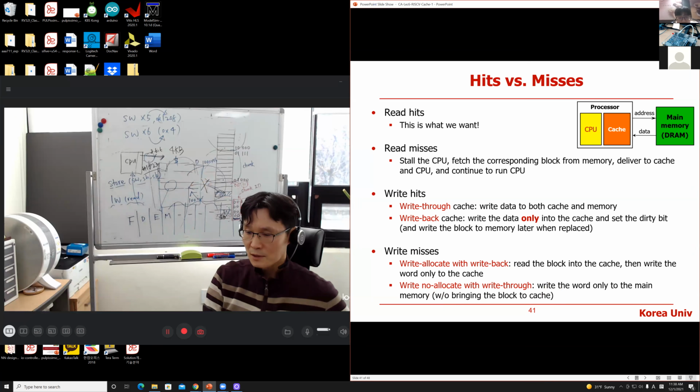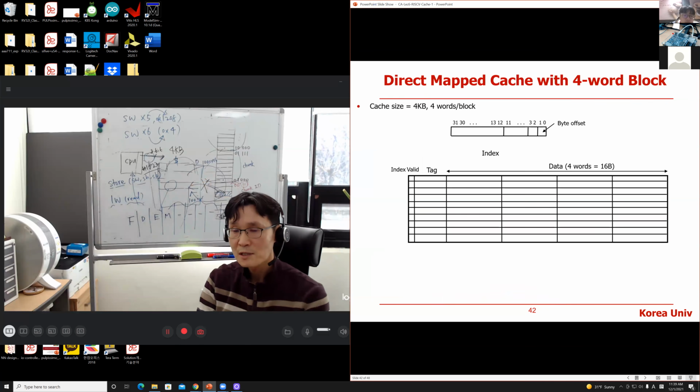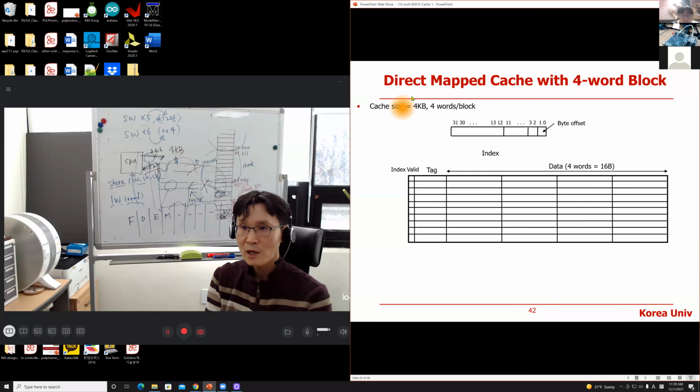Okay, so some realistic cache structure. Here, a 4K byte cache with a 16 byte cache line size. Then how many cache entries do you have?